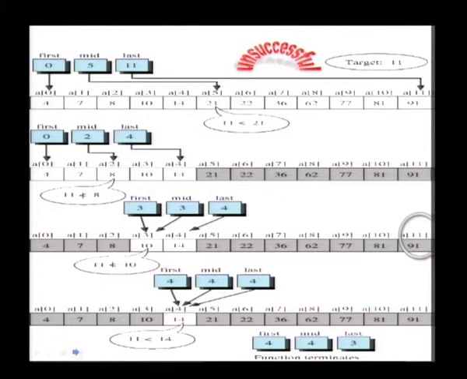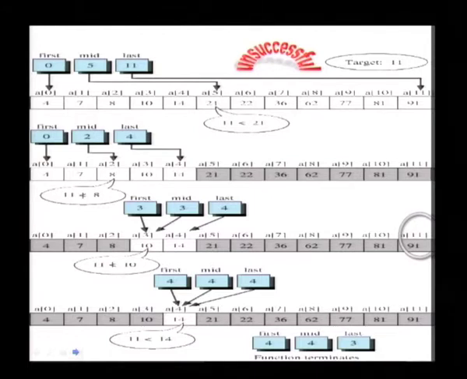Therefore, now in this case 11 should be present if at all in the array indices last and mid minus 1, right. Sorry, last and mid plus 1, right.